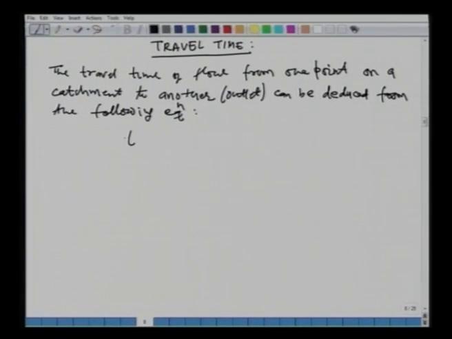That is T, equal to the summation of delta Li over Vi, where i is an index that goes from 1 to, let us say, capital I. What is Vi?